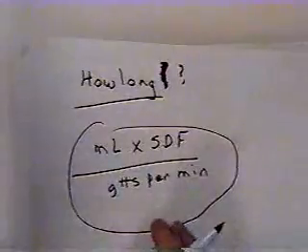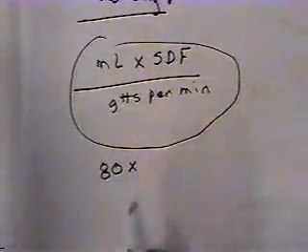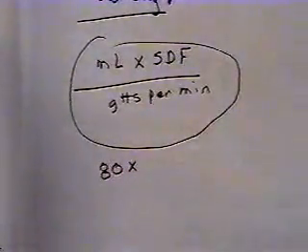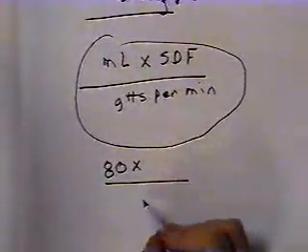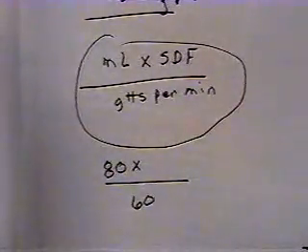Just think, we normally put minutes on the bottom, so now we're going to put the thing that has minutes on the bottom. The top is just like we've done it, milliliters times drop factor, but we put something with minutes on the bottom. So it says 800 milliliters at 60 drops per minute. The per minute goes on the bottom. And what's the drop factor?